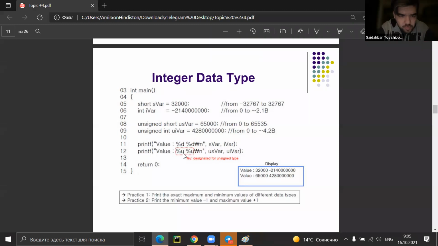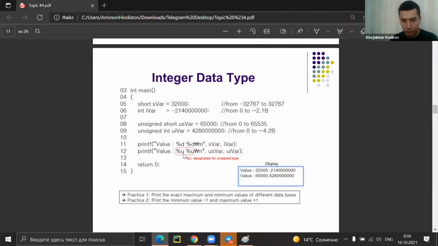Can you repeat? If you remember, last time when we talked about formats, when we are initializing formats for integer numbers, we use %d. For unsigned integer numbers, we will not use %d, we will use %u. Okay, got it.